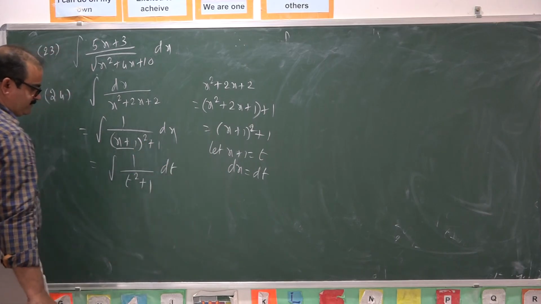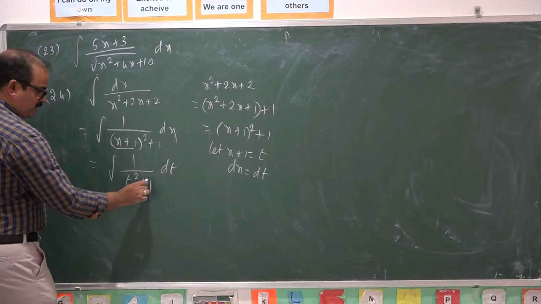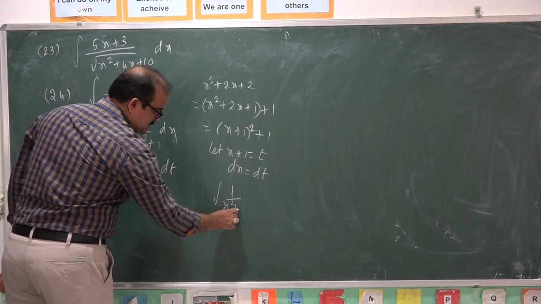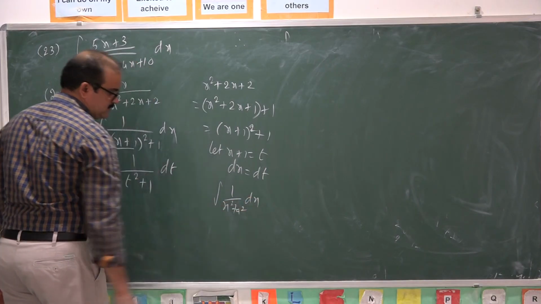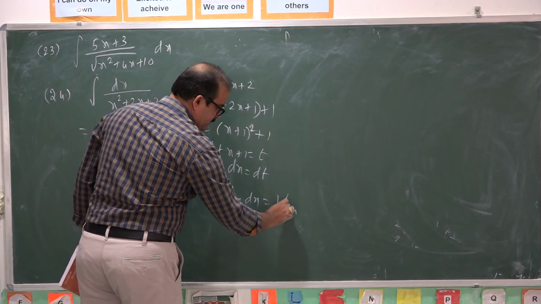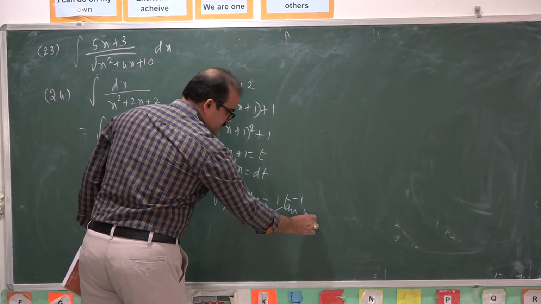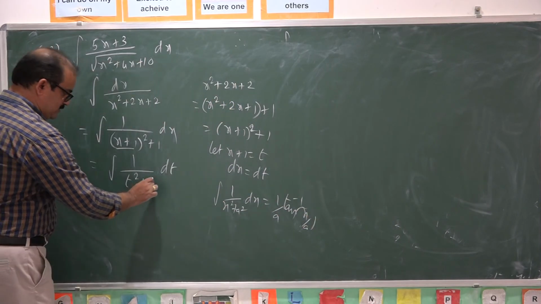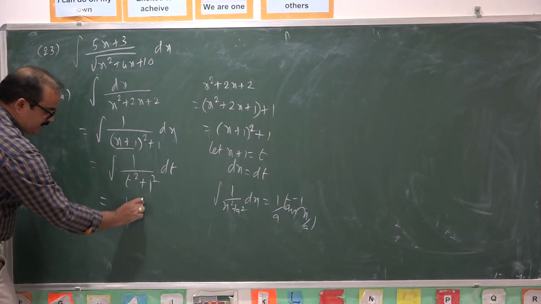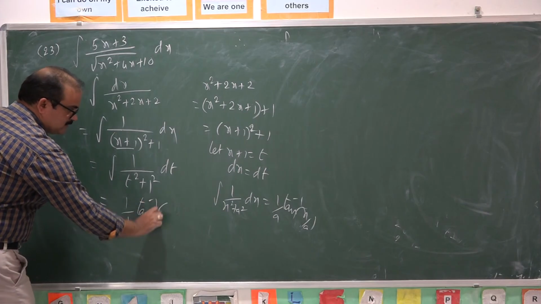dt. It is in the form of integral 1 by x square plus a square dx. What is the formula of this? 1 by a into tan inverse x by a. Here a is 1. 1 is taken as 1 square. So it is 1 by a into tan inverse x by a.